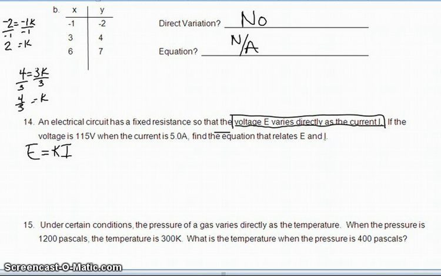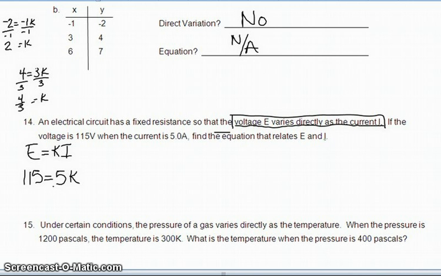So if my voltage is 115, I'm going to substitute 115 in for my voltage. I've got 5 amps for my current, and then k for my constant of proportionality. I just substitute in the values for the variables.